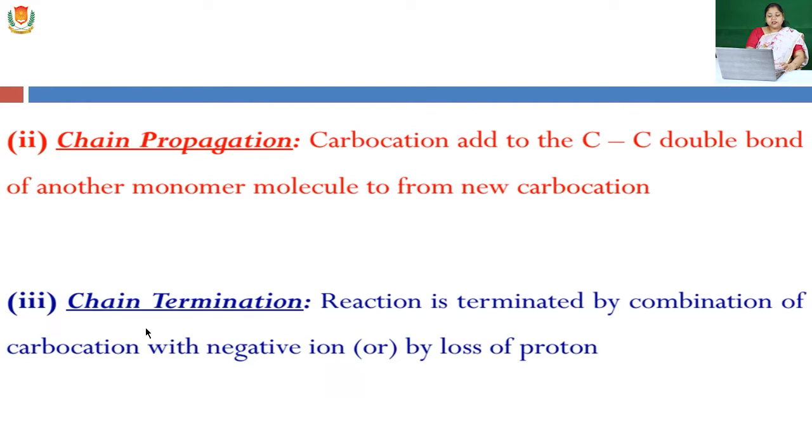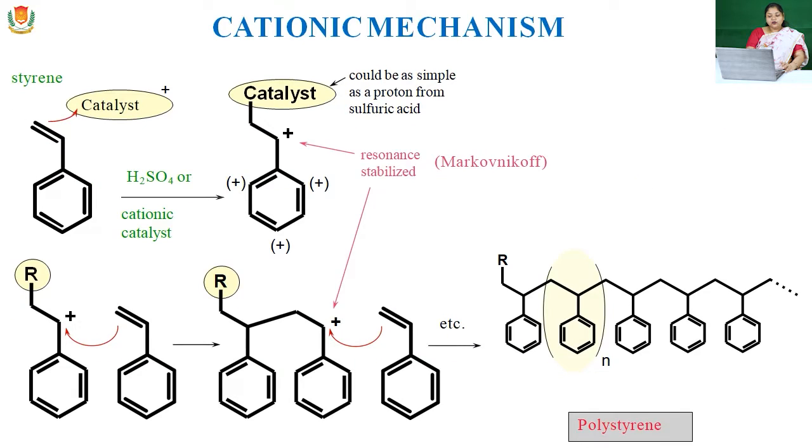In the chain propagation step, the carbocation reacts with another C double bond C, or you can say a vinyl group or any other monomer, which forms a new compound and generates a new carbocation. In the third step, chain termination, the reaction is terminated by combination of the carbocation with a negative ion or by loss of a proton, and finally a polymer is generated.